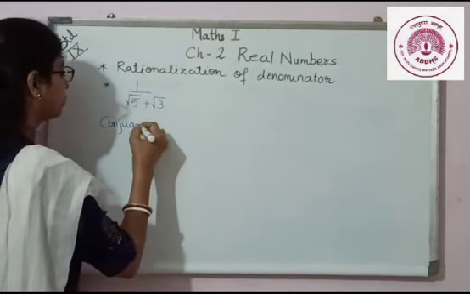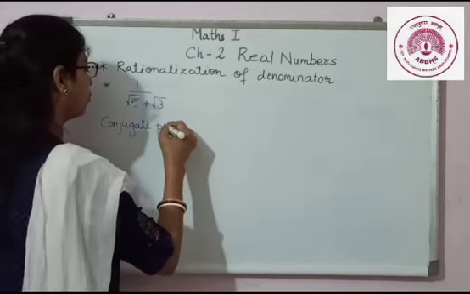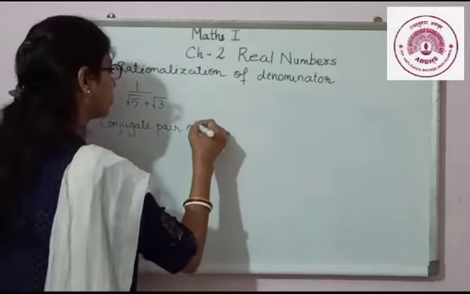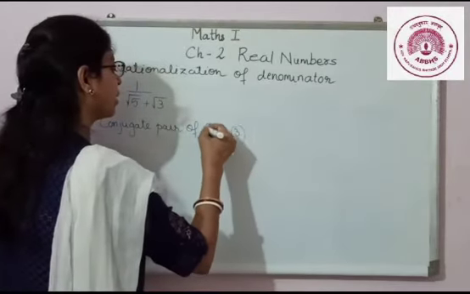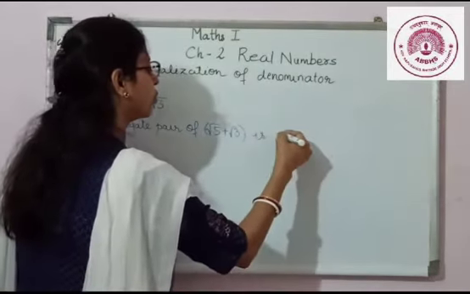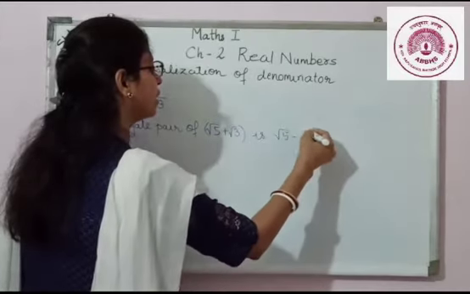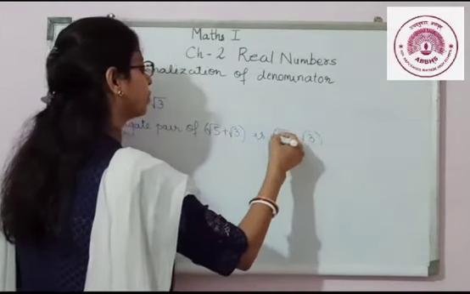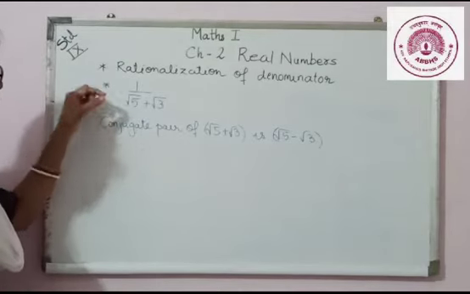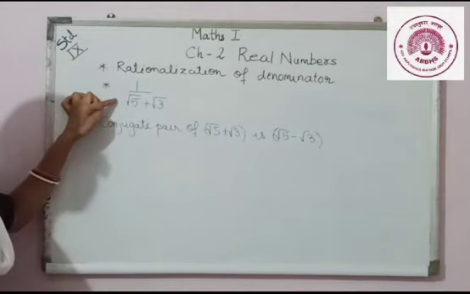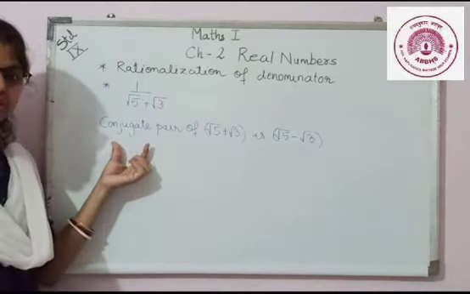Now we will multiply both numerator and denominator by the conjugate pair.